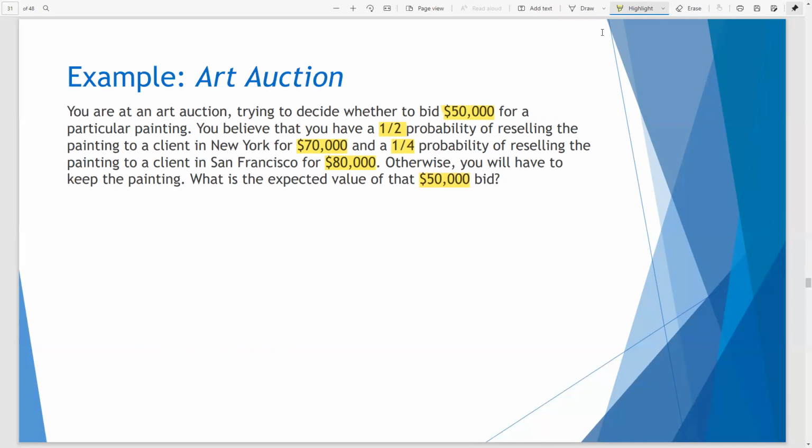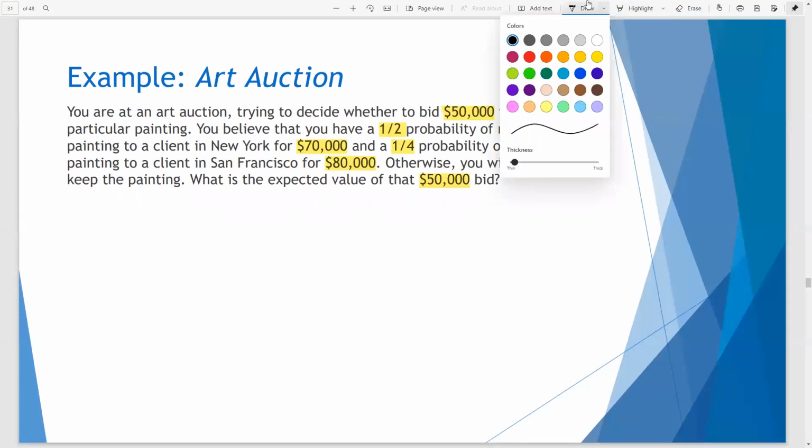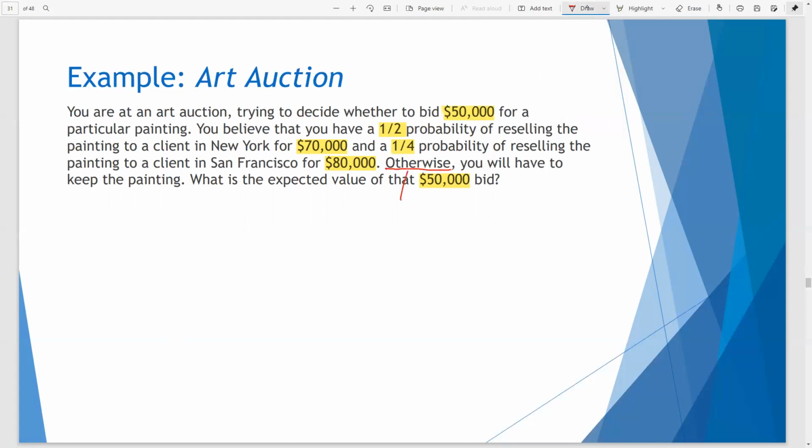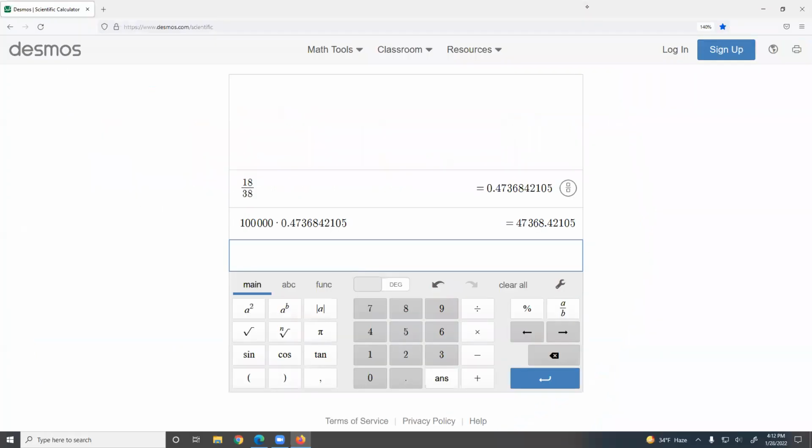First of all, we figure out what "otherwise" means. You have a 1/2 likelihood to resell it, and a 1/4 likelihood to resell it.